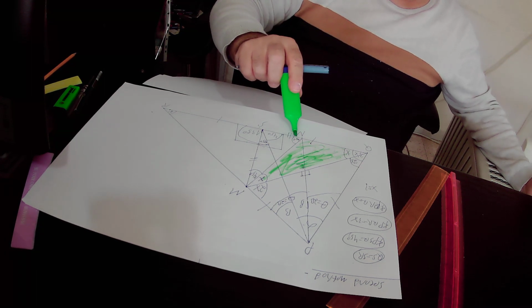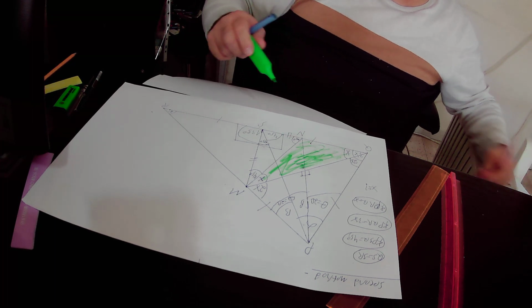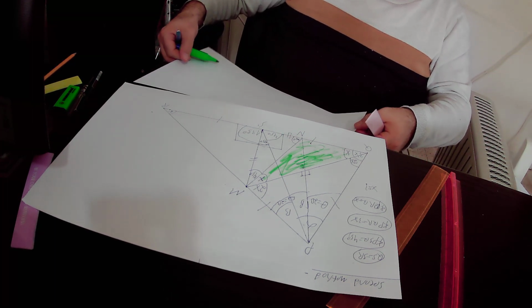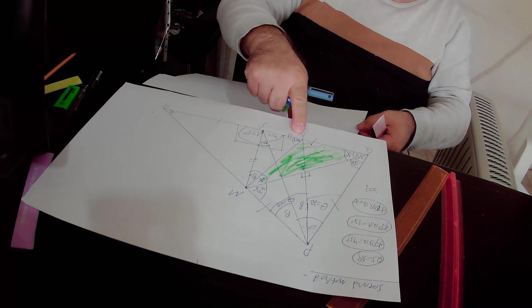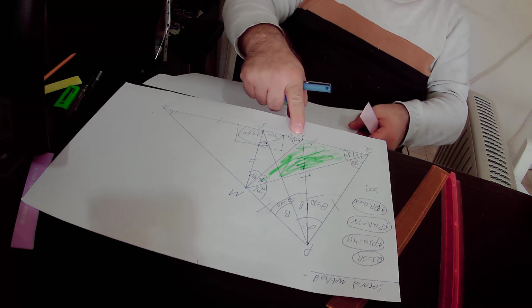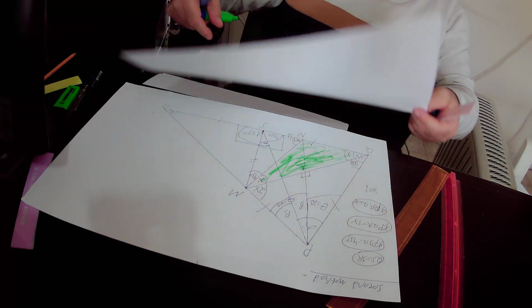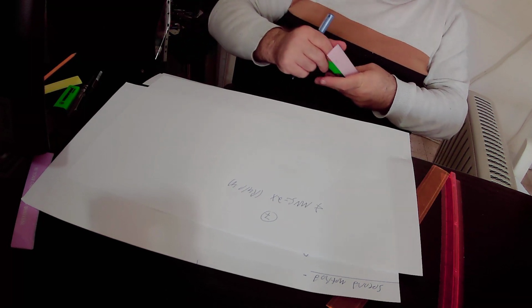That is to say, angle MNS equals 2x from one side, but from the other side we have already found out that angle MNS equals 45 degrees.